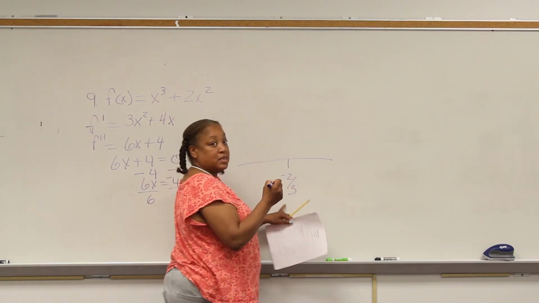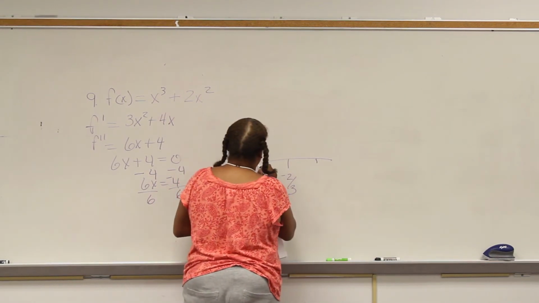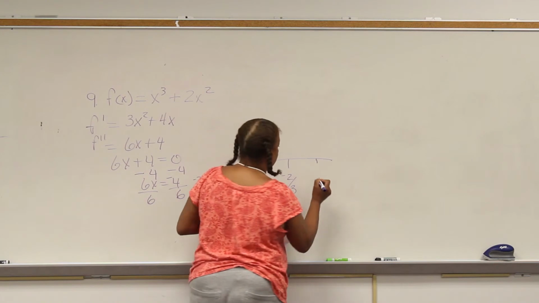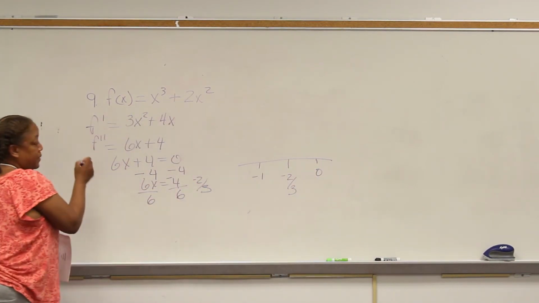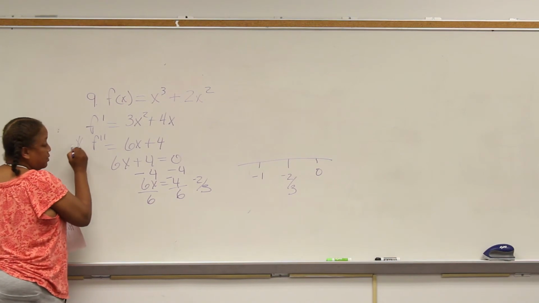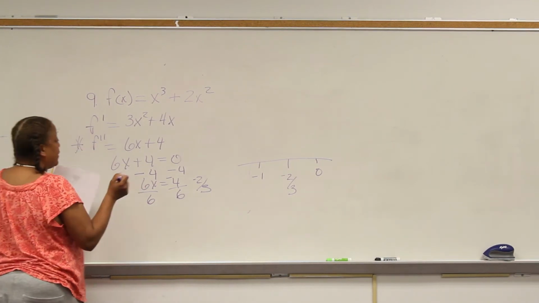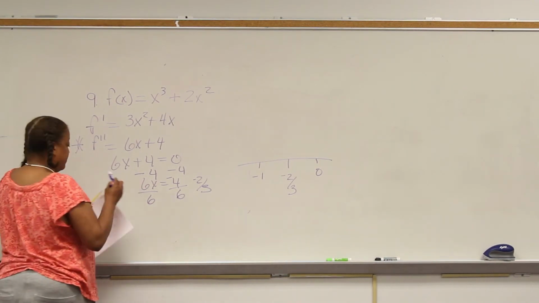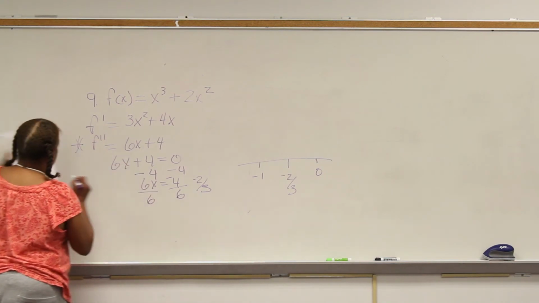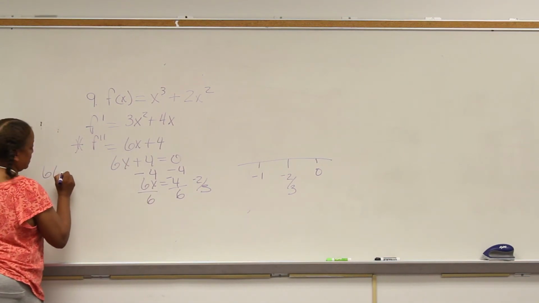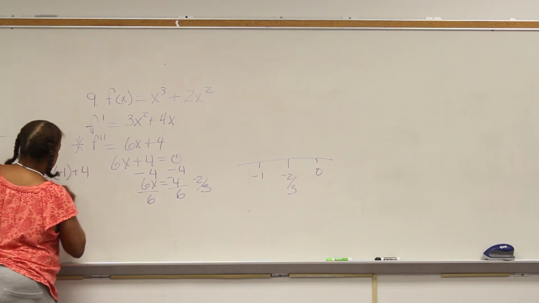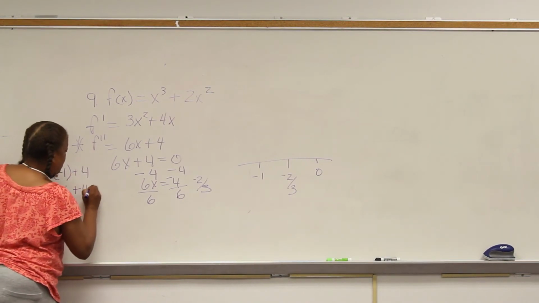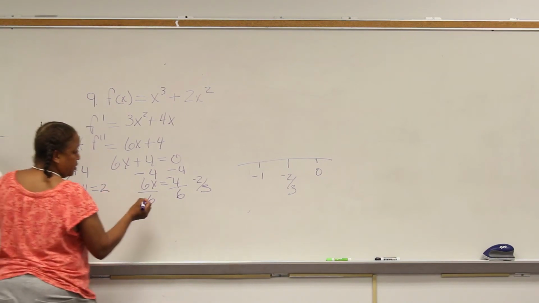So, if I take this and put this here and then just choose 2 points, one point on either side, I can take those points and put them back into this equation and find out whether it's positive or negative. So 6 times negative 1 plus 4 is negative 6 plus 4, which equals negative 2.